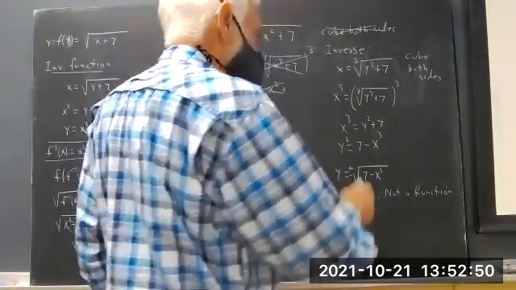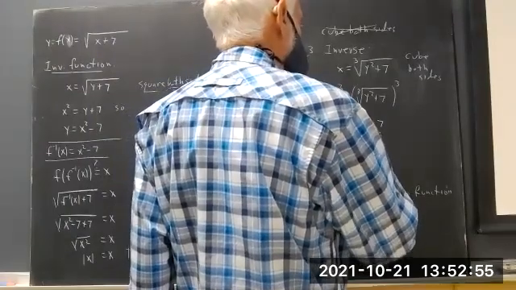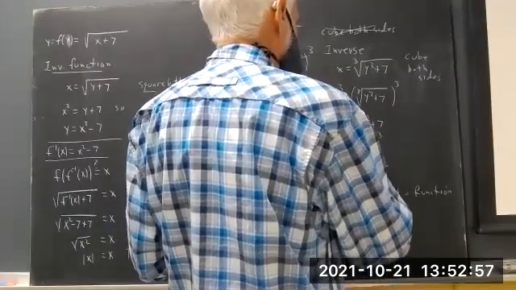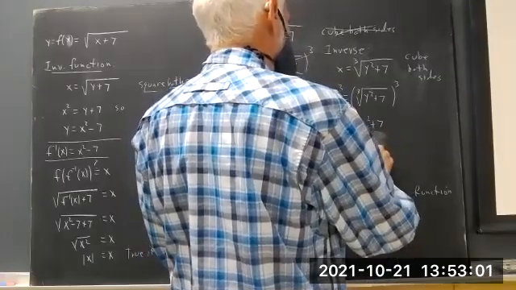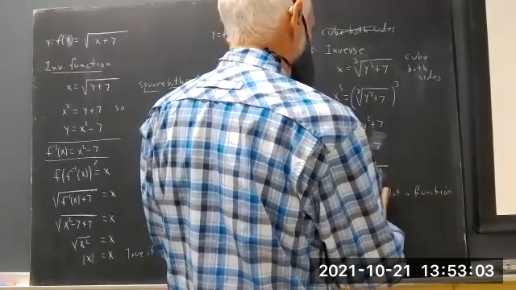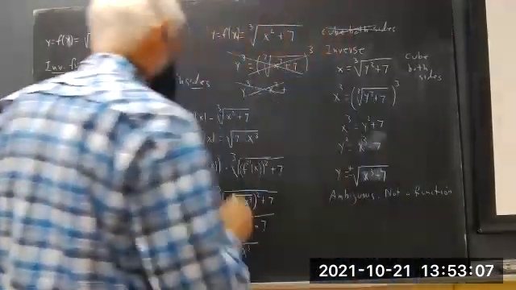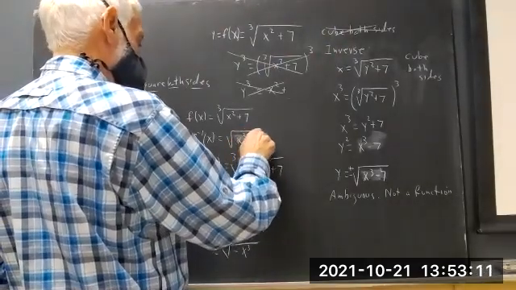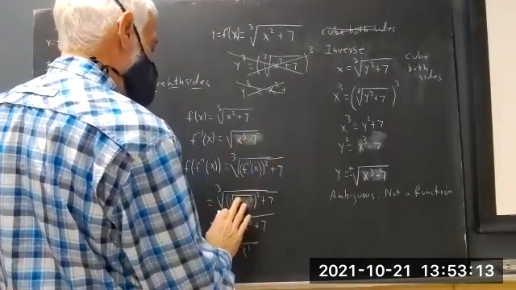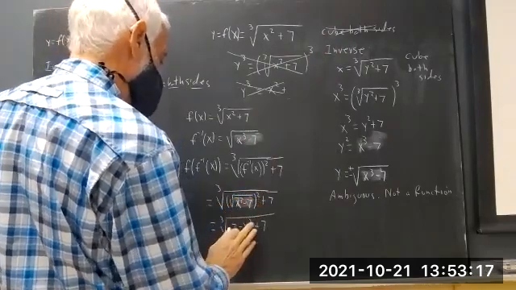I wrote that down wrong. It should be x cubed minus 7. Every one of these should be x cubed minus 7.